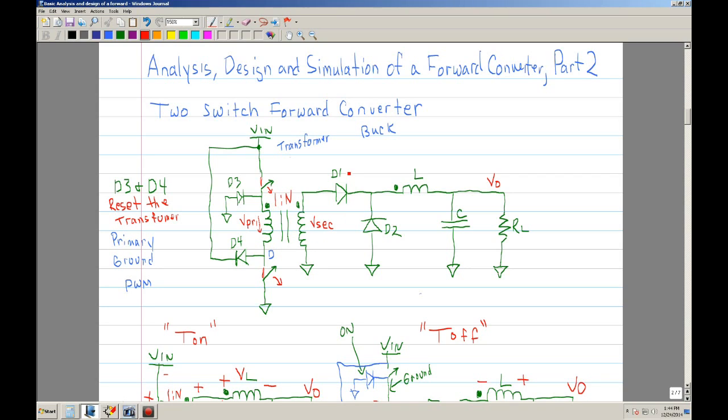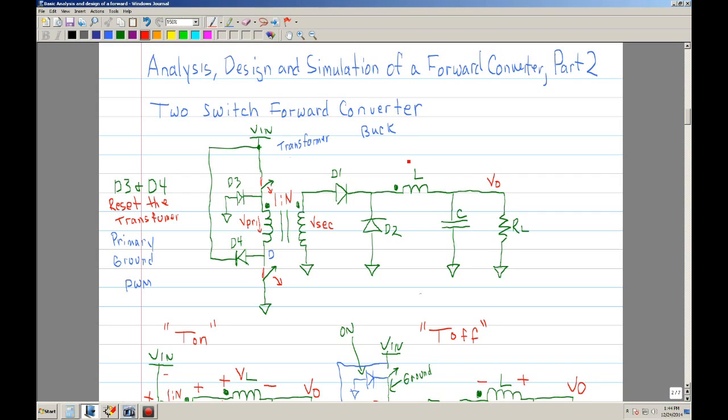And then you have your forward diode, which is D1, and then your catch diode, which is D2. So basically D1 operates when the primary is on, so you can think of that as being on when it's T on, and then D2 is turned on when it's T off. In other words, when the primary MOSFETs are turned off.